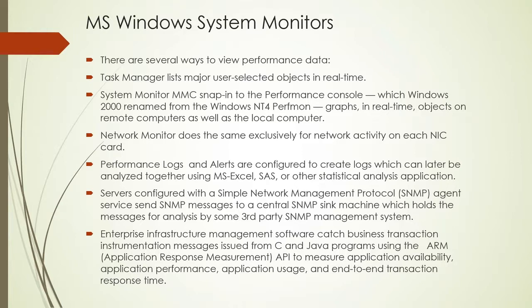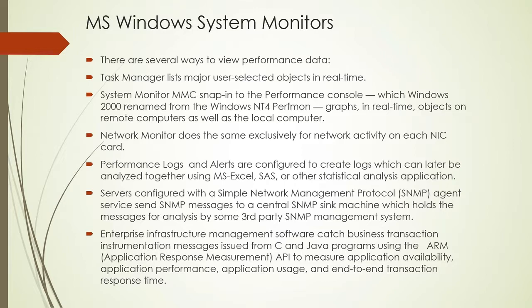Servers were also configured with the Simple Network Management Protocol, SNMP, agent, and these are not that important nowadays, because we have a lot of sophisticated APM solutions, right? Earlier we didn't have this many application performance management tools. Nowadays Dynatrace and AppDynamics are so powerful that they can give you the entire data about your server, right?